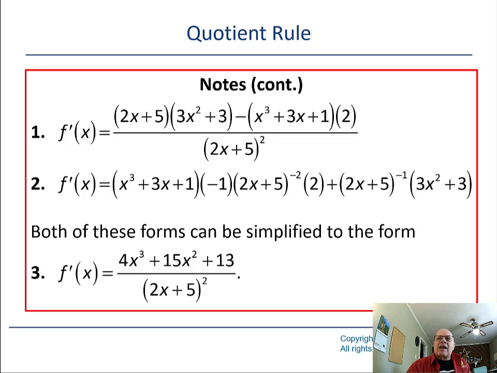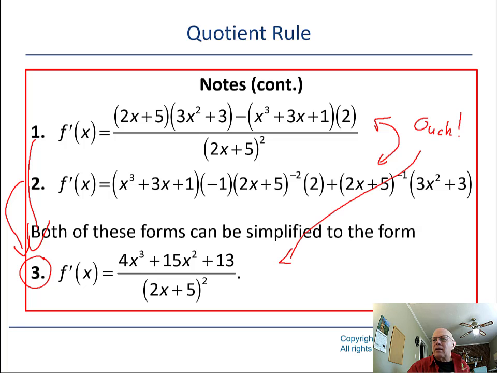So here's an example of two different answers. They look quite different, but both those can be converted to that. So actually what looks like two different answers up here actually turns out to be okay.